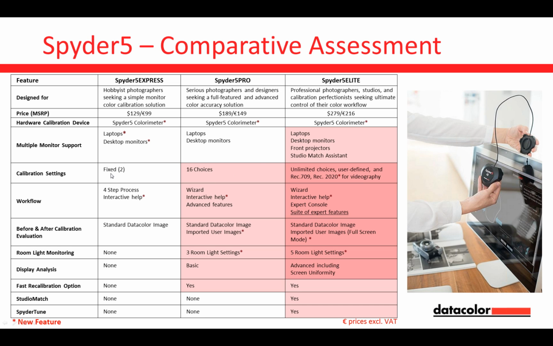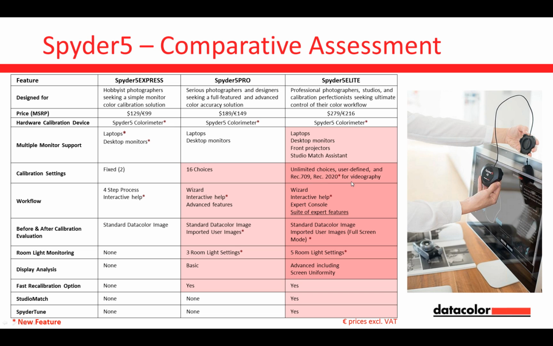And also from the calibration settings, we say, okay, we have a fixed one, and so that's easier, simpler, smarter, but you have 16 choices on the Spyder5, and now you know why the interactive help can be really helpful, allows you to select what is right for you, and you will understand why to select which option.